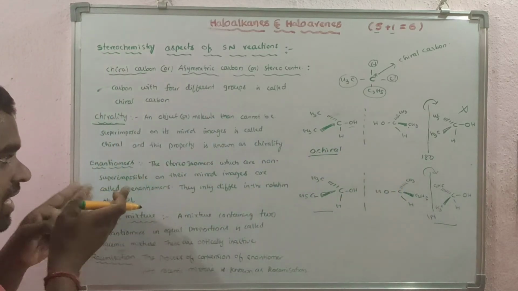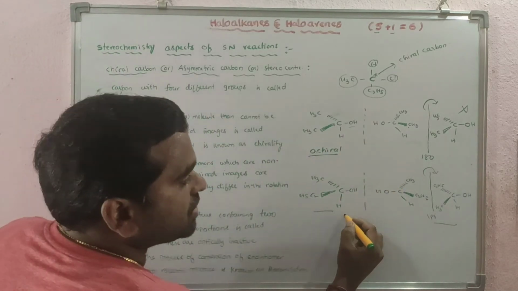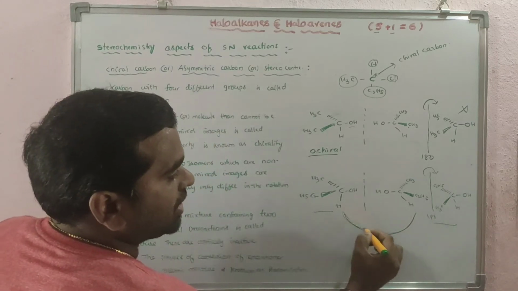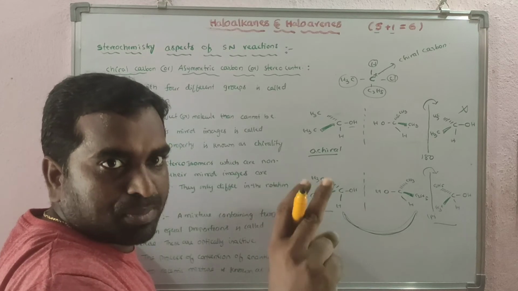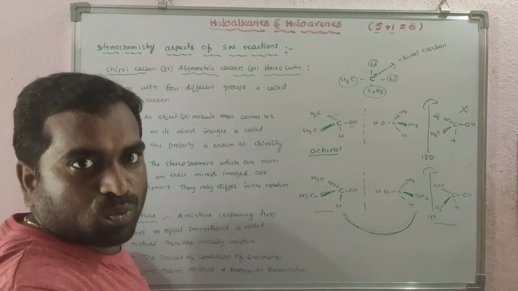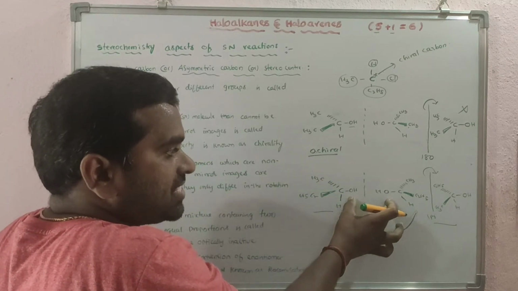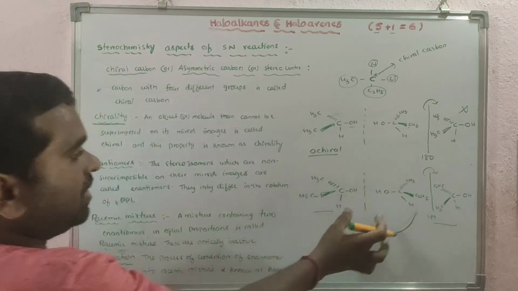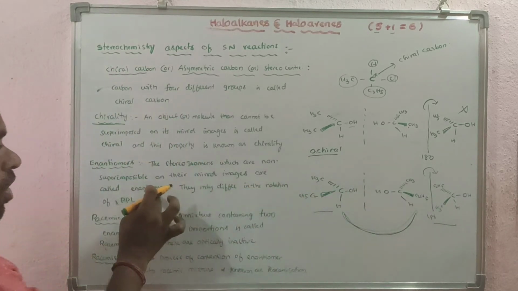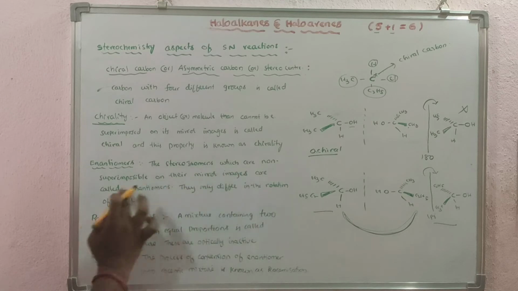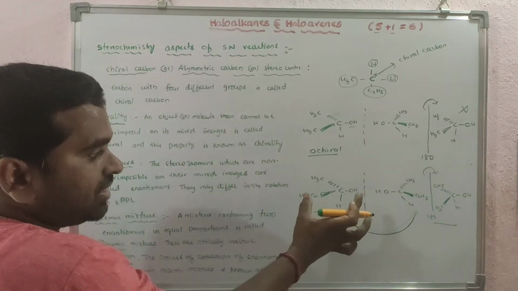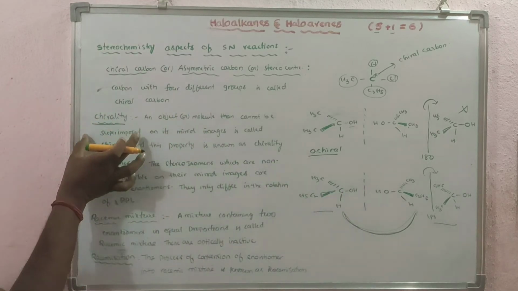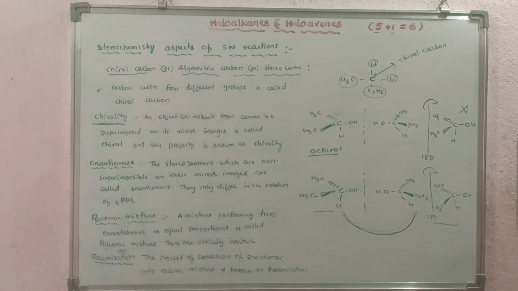If you take enantiomers, these two we will call enantiomers. Enantiomers means a pair of isomers, always remember, enantiomers means more than one. A pair of isomers which are non-superimposable on their mirror images are called enantiomers. This molecule we will call a chiral molecule. That is the difference. Clear? Next one.